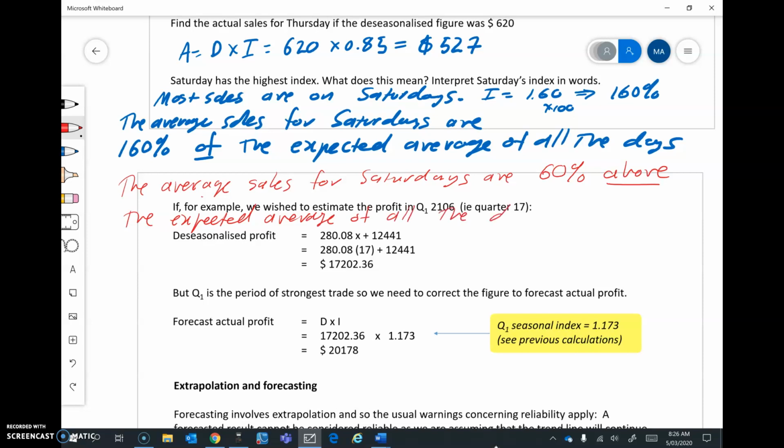So the distinction there is with the word above versus the word of. Okay, either way is fine. We can say that Saturdays are 160% of the expected average of all the days, or the average sales for Saturdays are 60% above the expected average of all the days.